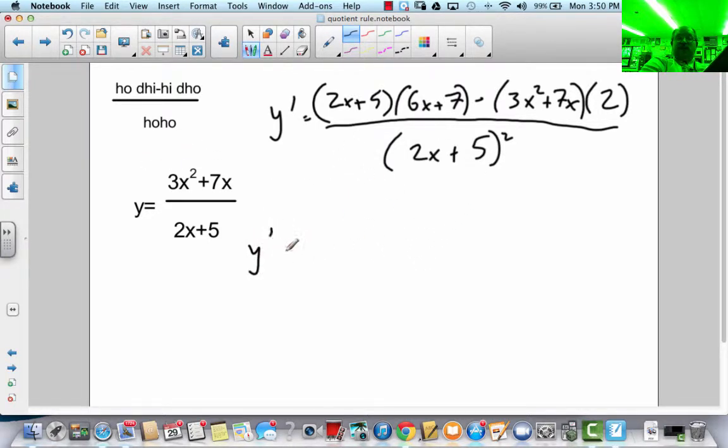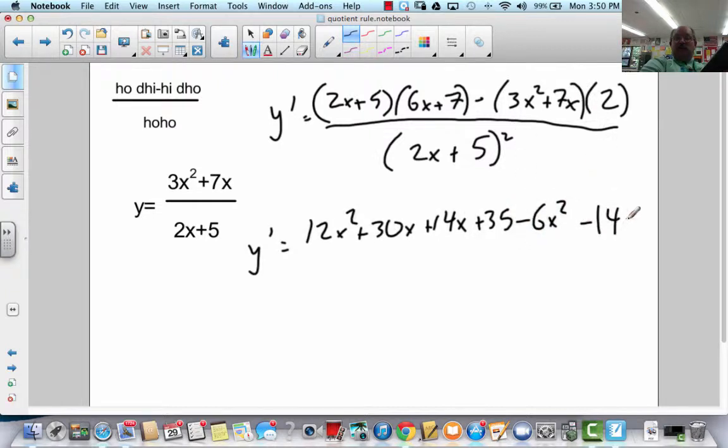So we've got a nice little expression there. We'll simplify this and use our distribution: 12x squared plus 30x plus 14x plus 35 minus 6x squared minus 14x, all over 2x plus 5 quantity squared.